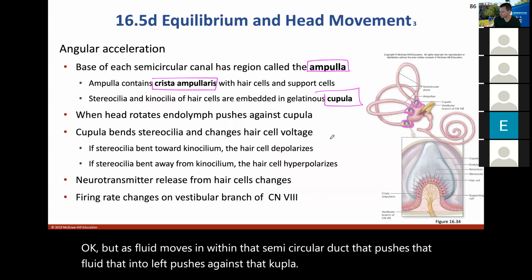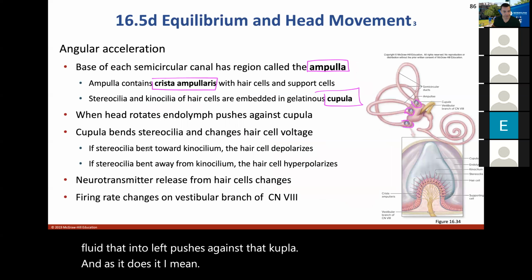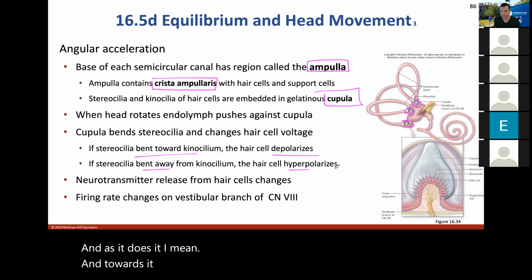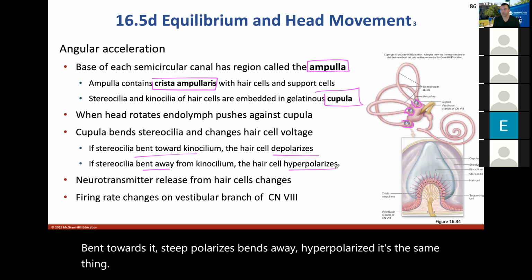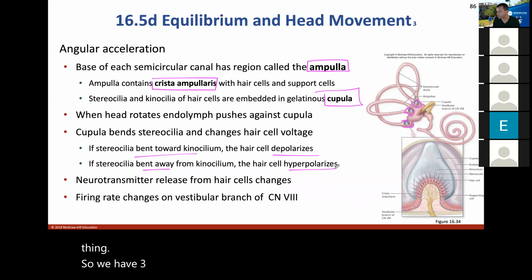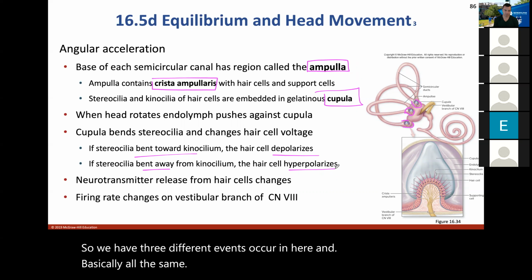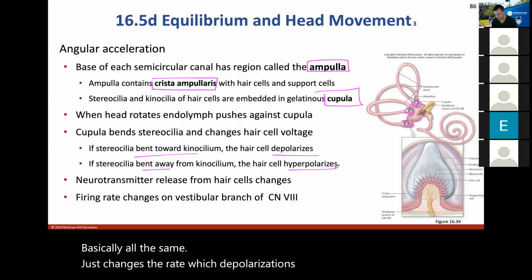And as it does, bend towards it, depolarizes, bends away, hyperpolarizes. It's the same thing. So we have three different events occurring here, and it's basically all the same. Just changes the rate at which depolarizations occur within the vestibule or within the semicircular canal structures.